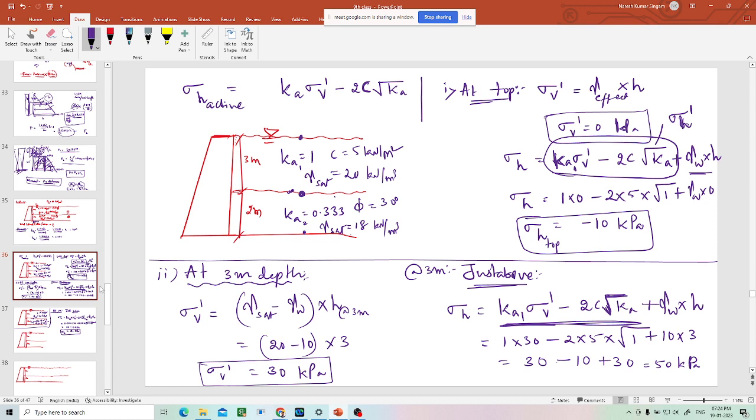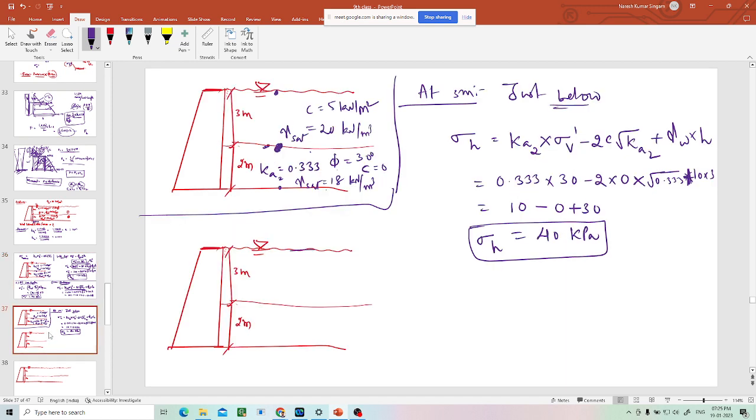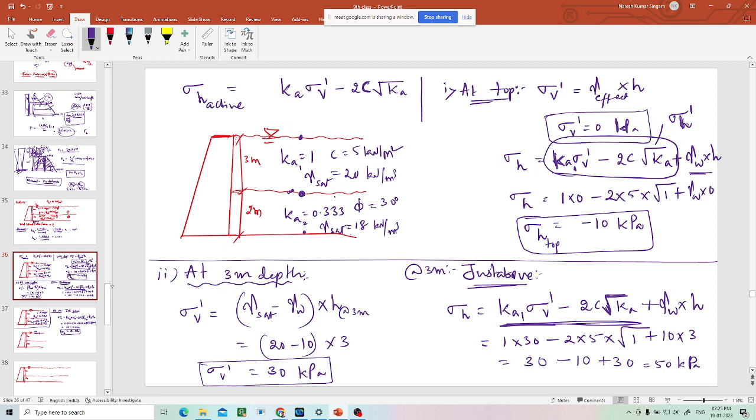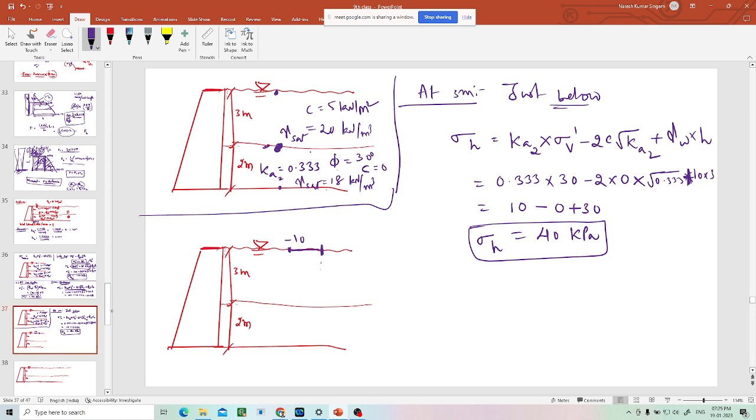What is the sigma h value at the top? At the top it is minus 10, right? So if this is the 0 line, this is minus 10. And at 3 meter depth, just above, it is 50 kPa, plus 50. So you just have to join them. That's it.